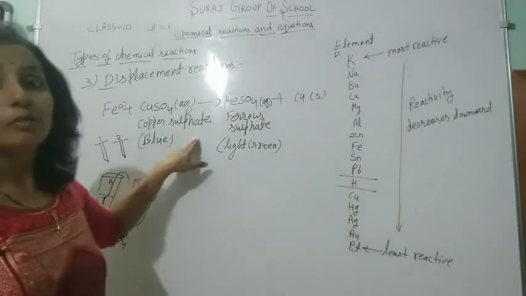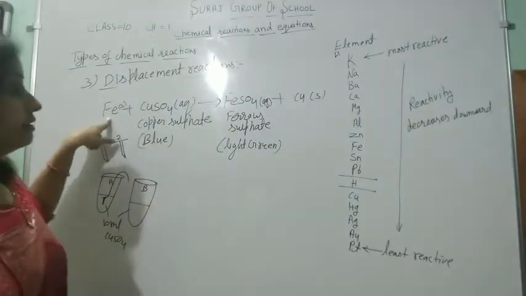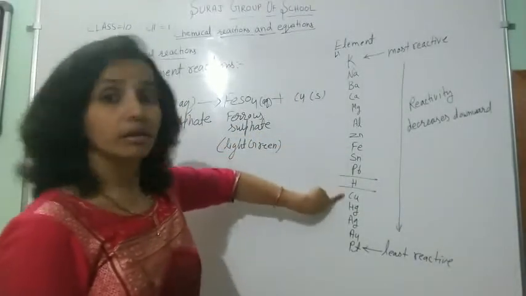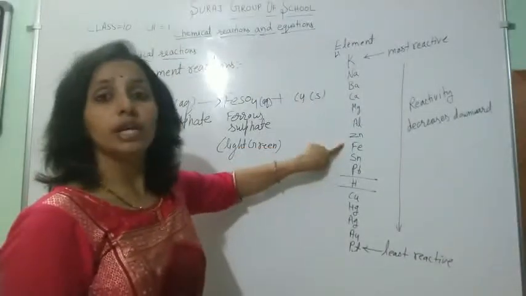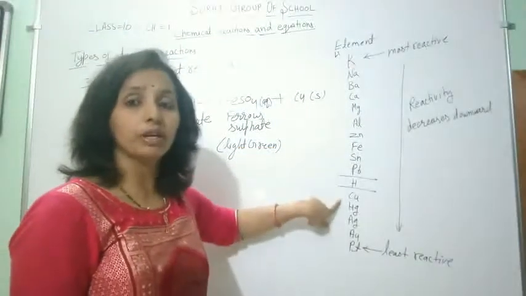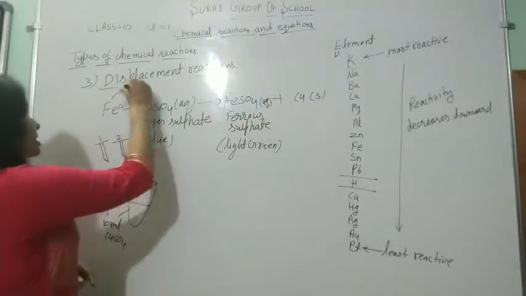This reaction takes place because iron is more reactive than copper, because iron lies above copper in the reactivity series. That's why iron displaces copper.